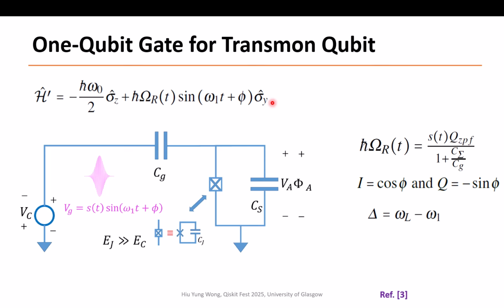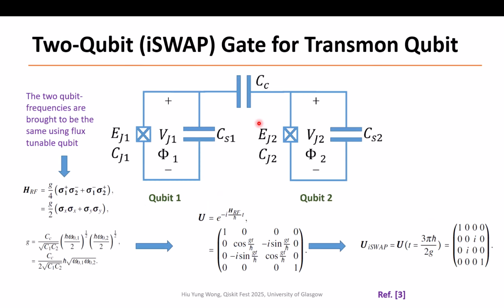Any rotation on the Bloch sphere can be decomposed into three such rotations, which is called Euler rotation. So by changing the frequency and also the phase, I will be able to rotate it by any angle. And this lets me implement any one-qubit gate. And that is one of the DiVincenzo criteria.